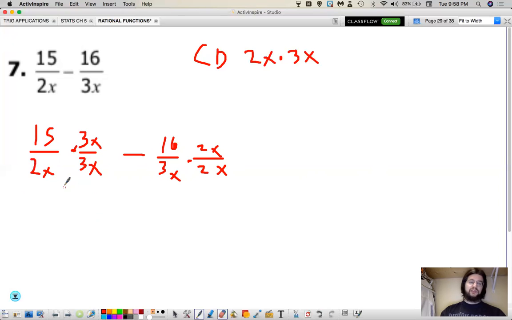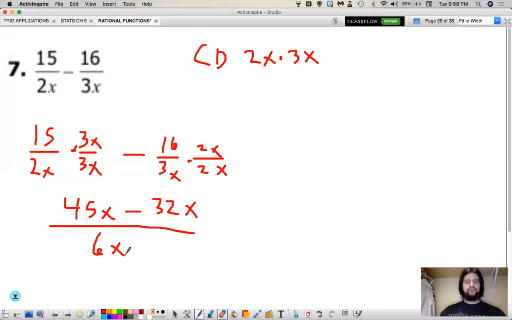So let's just multiply it out. 3 times 15 is 45x minus, and that's going to be 32x. We can put it over a single fraction because we now have a common denominator of 2x times 3x, which is 6x squared.